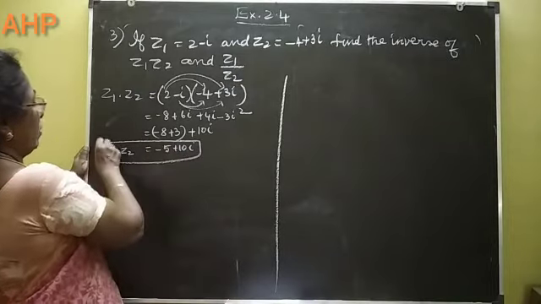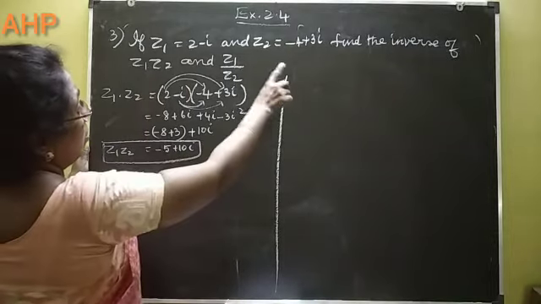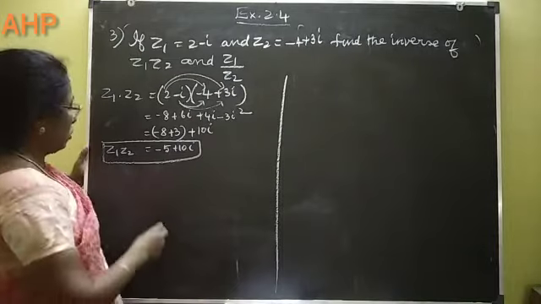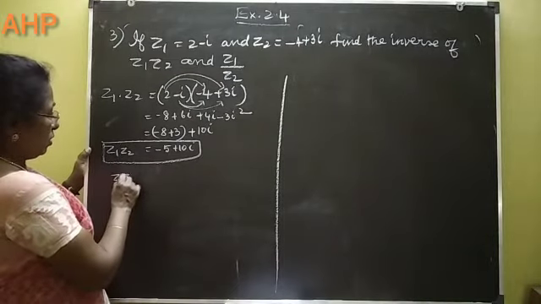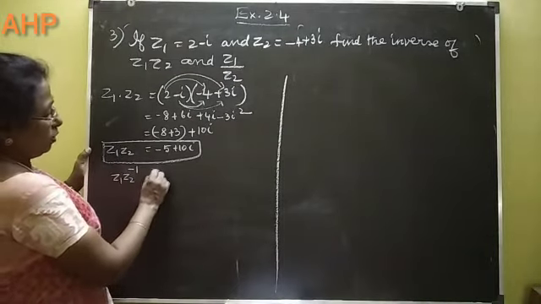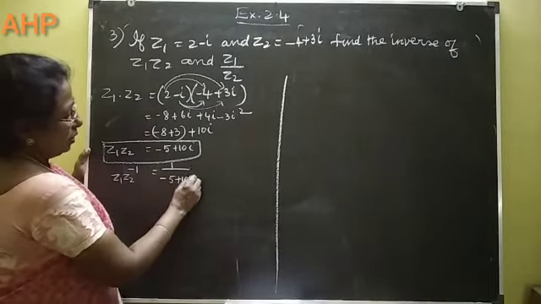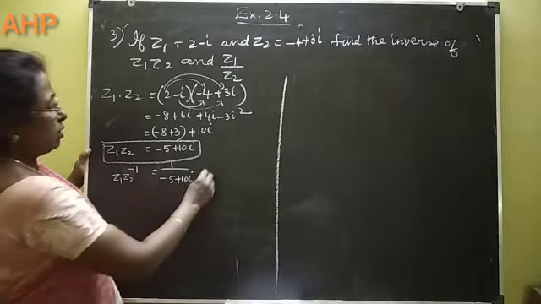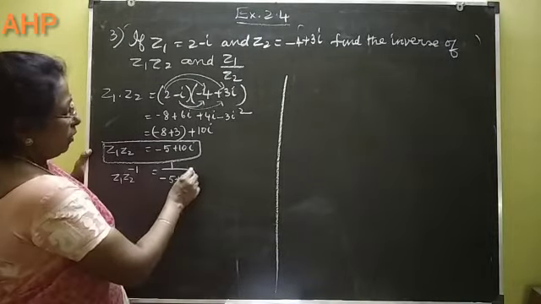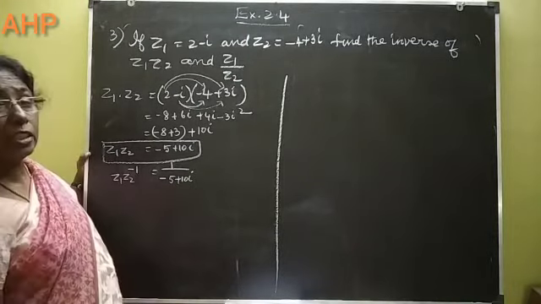Now we are asked to find the inverse of z1 z2. So the inverse of z1 z2 is equal to 1 divided by minus 5 plus 10i. To simplify this, we need to rationalize the denominator.